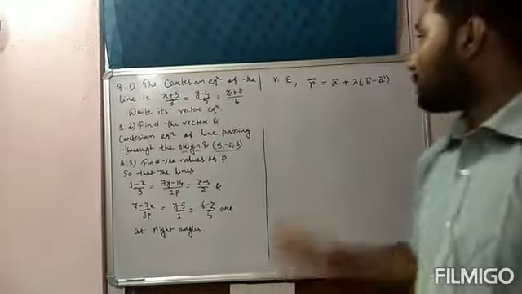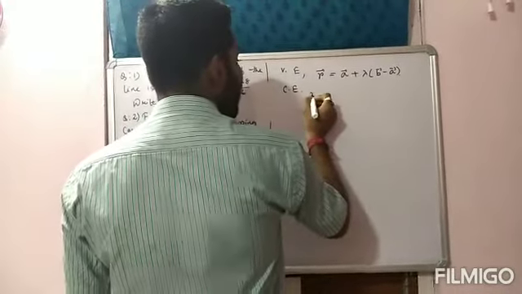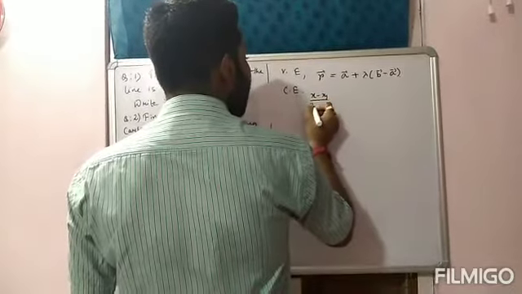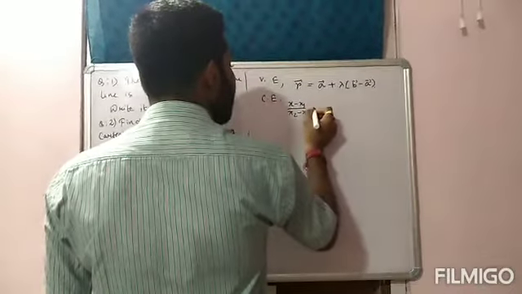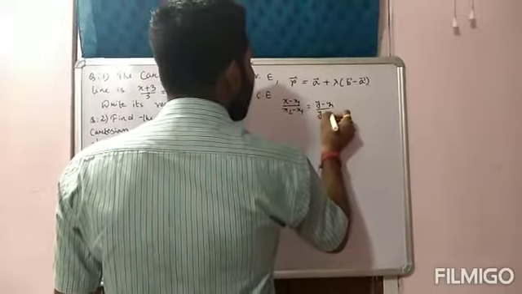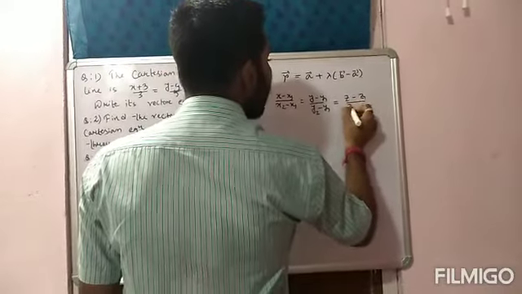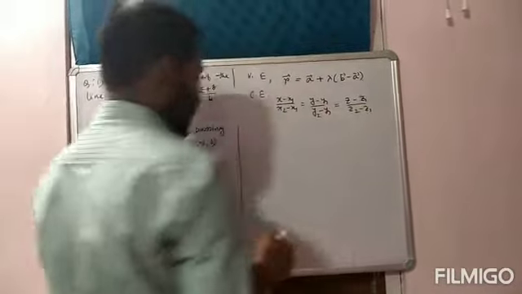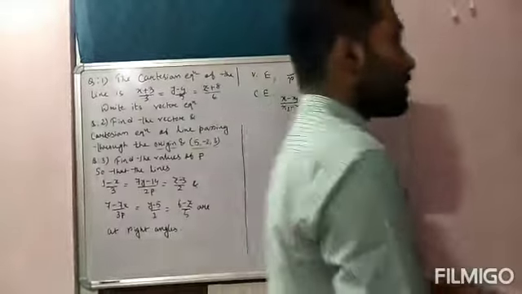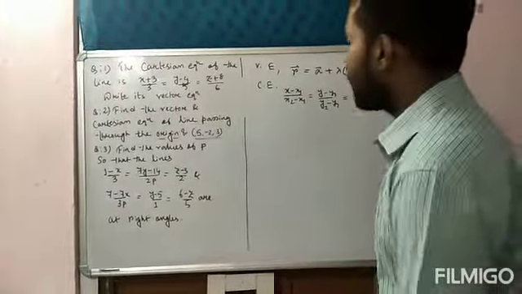Whereas the Cartesian equation of the line is x minus x1 by x2 minus x1, y minus y1 by y2 minus y1 is equal to z minus z1 by z2 minus z1. This is the Cartesian equation of the line passing through the 2 given points. Okay.